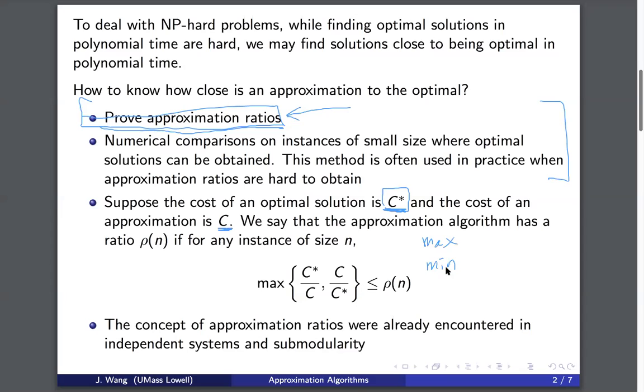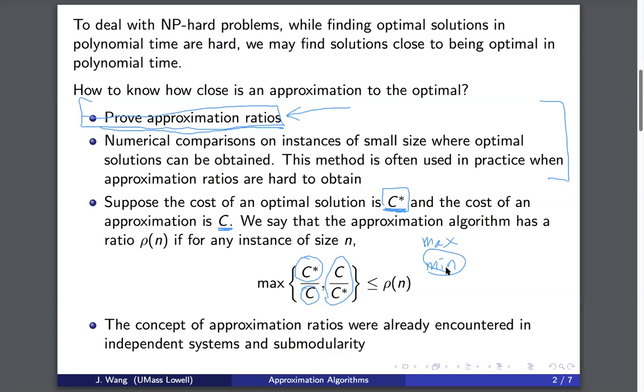If it's a maximization, then you use this because your C cannot be greater than C star, because C star is already optimal, that's already maximum. If your optimal solution is a minimization, you use this because your C cannot be smaller than C star, right? So C will be greater than or equal to C star. Well, the best of course is C equal to C star, but in general it's greater than C star. So you compare these two, their value will always be greater than or equal to 1.